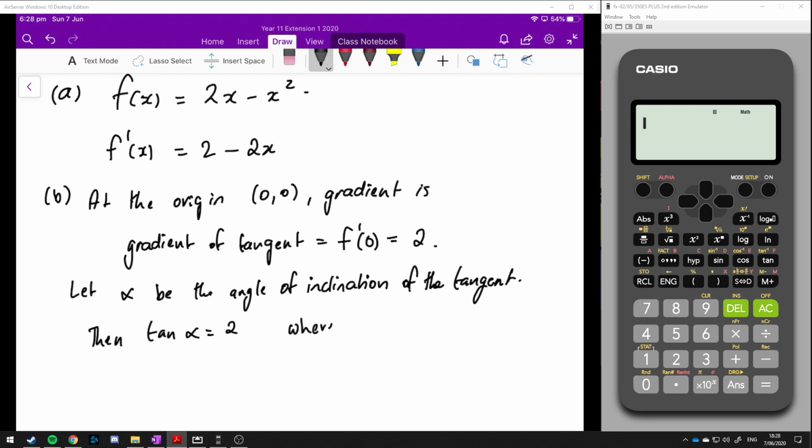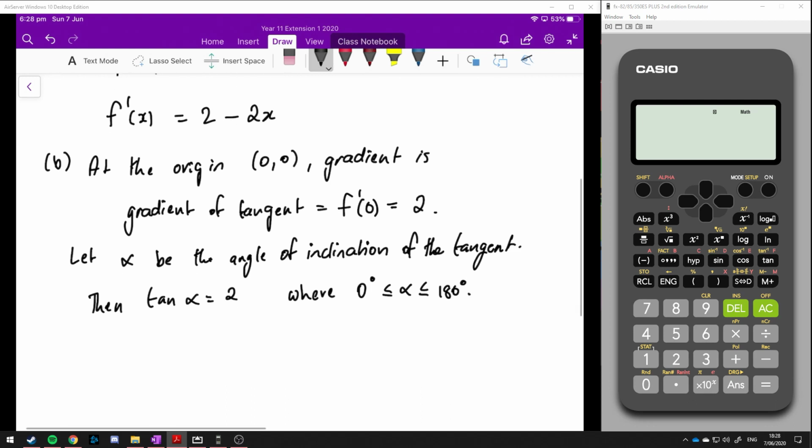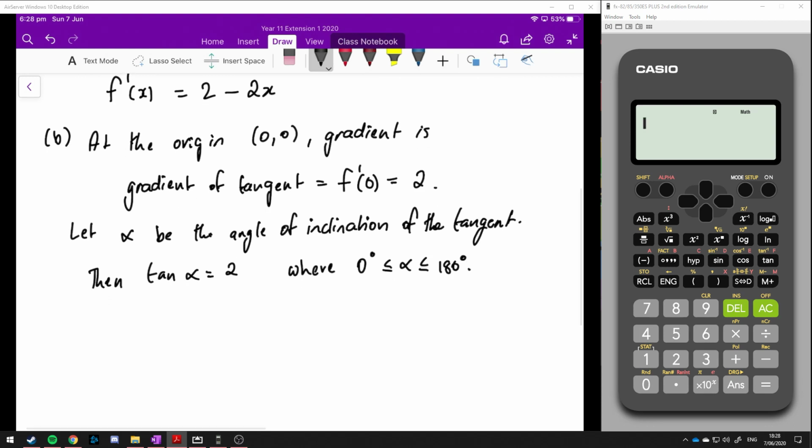And we're only talking about a situation where alpha is between 0 and 180 degrees, because think about the gradient of a graph. It's only going to be between 0 and 180, because we only look on the top side, okay? So using the inverse tan, if tan alpha is equal to 2, we take tan inverse of both sides.